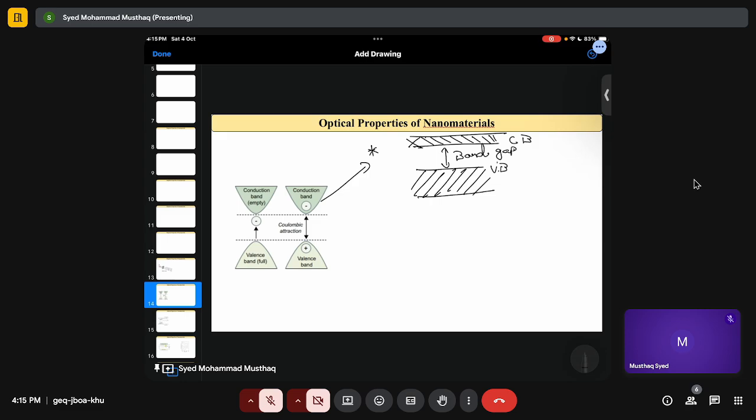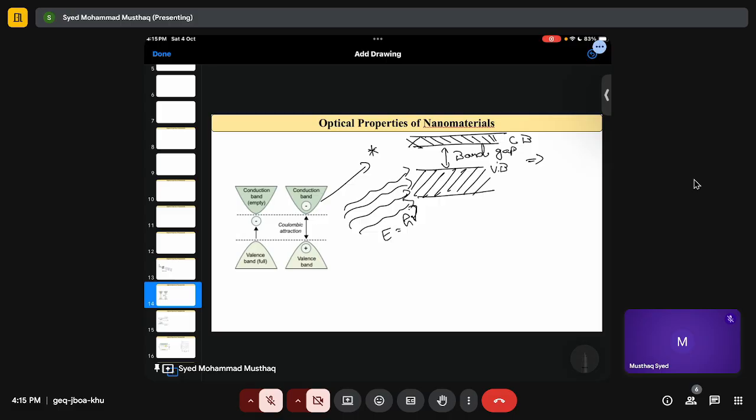Now if you supply some energy, mostly in light form, so you irradiate this material with some radiation, it might be any type of radiation, it doesn't matter. And let's say it has an energy of h nu. Each photon inside your radiation, or each energy packet, will have an energy of h nu.